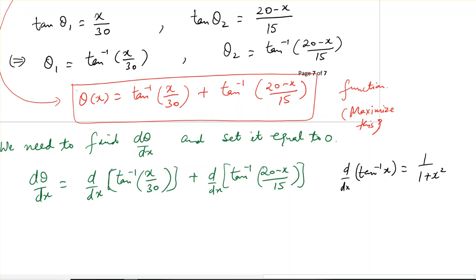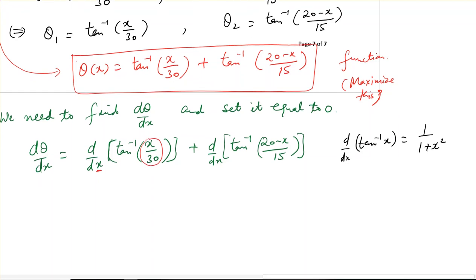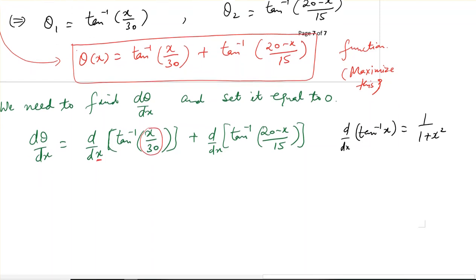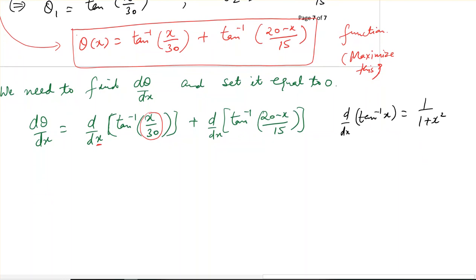Alright, so now we notice that here we have x, but here we have x over 30. And we know that whenever we have an outside function and an inside function, we always apply the chain rule. So the key thing is don't forget to apply the chain rule.